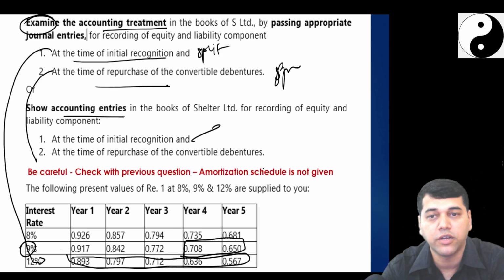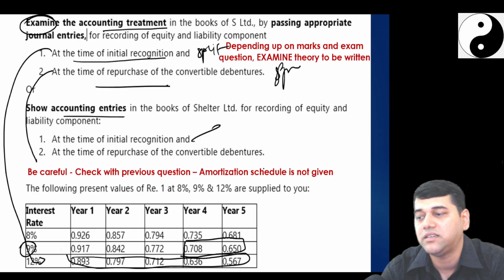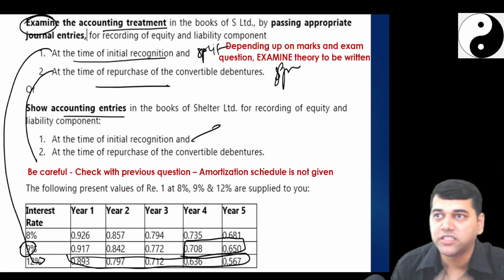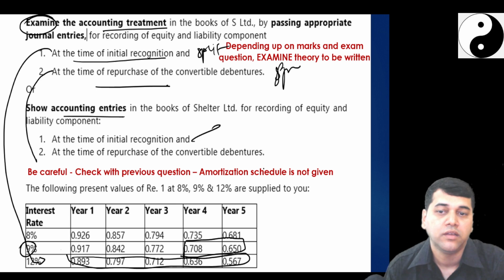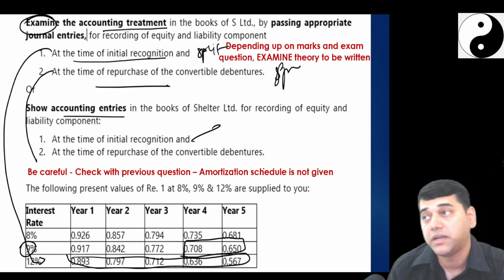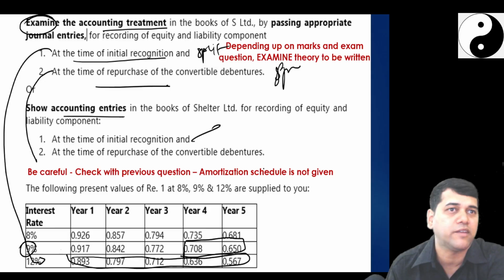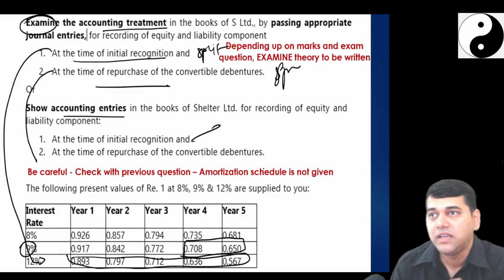Amortization schedule and all are not given. In the examination, you write theory. You have already learned it. If they say examine the accounting treatment, in the solution theory is not written. But in the examination, look at the marks. If they give a 5-mark question, solve it straight away. If they give 8 or 12 marks, to be on the safer side, write the theory.